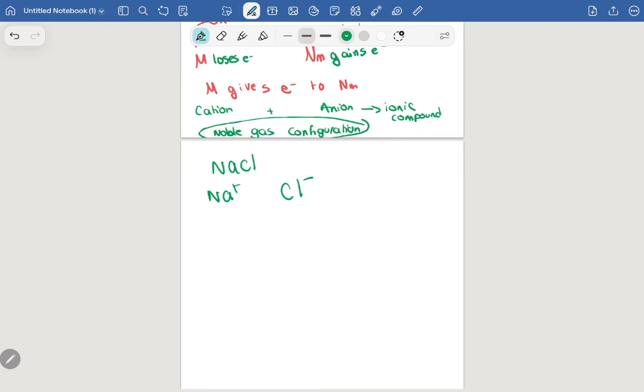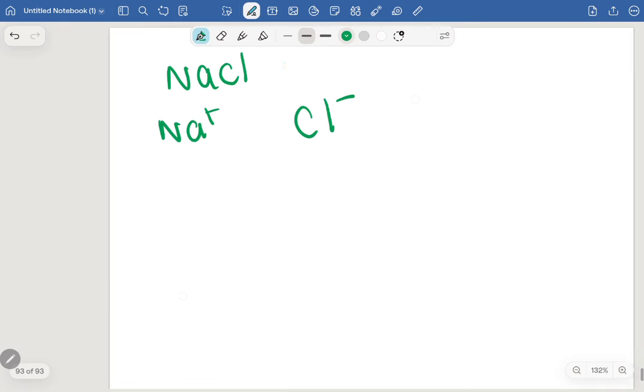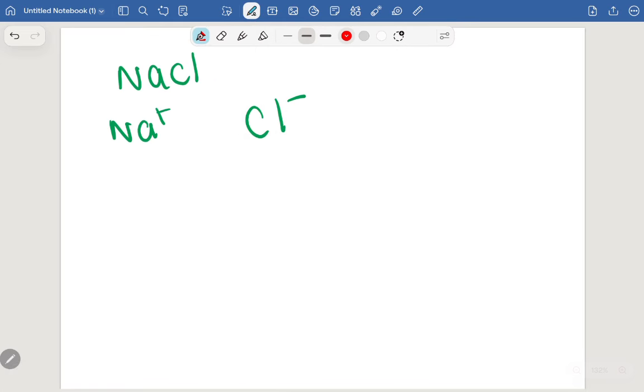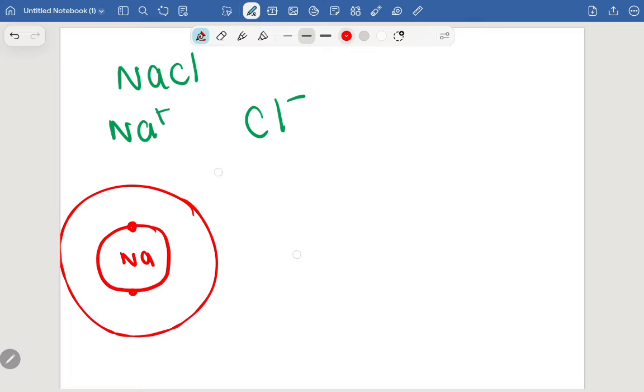So let us draw exactly what's happening. Na, if we draw the whole atom, it will look like this. Na, surrounded like this, right? And then it has this as well. Okay, and then it has the third and final shell in which it has the last electron.